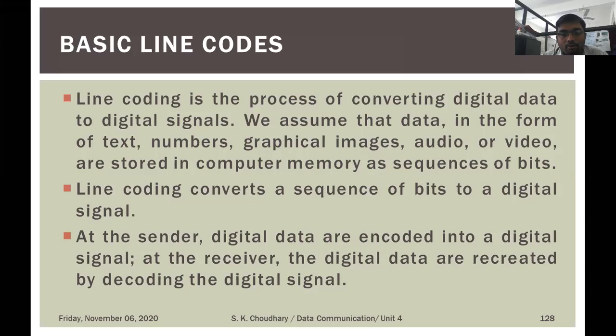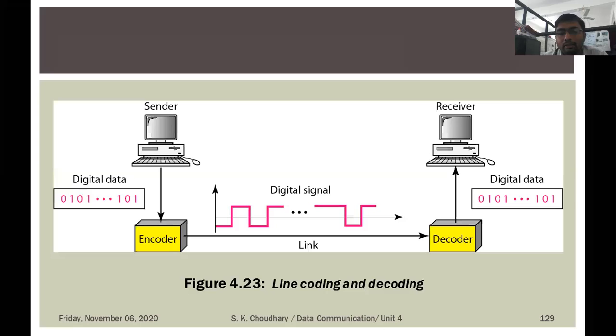So on the sender side, we just encode the digital data into the digital signal. At the receiver, we again recreate this digital data from the received digital signal by requantization and decoding, and the other methods we have already talked about.